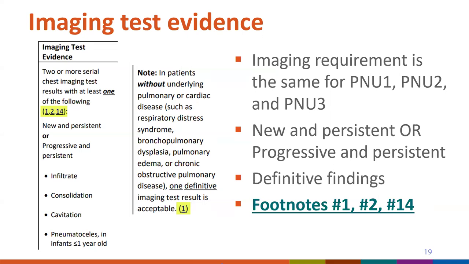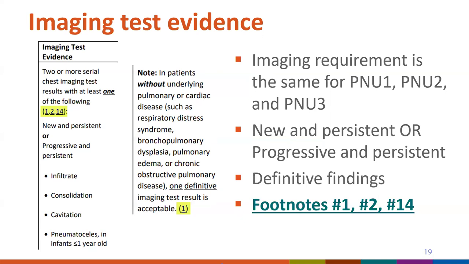Here's a screenshot of imaging test evidence from the algorithm. We'll look at this more in depth in the next few slides, but I want to highlight a few things first. The imaging test evidence requirements is the same for all 3 of the new algorithms. And unlike imaging for other NHSN events, the imaging findings for new must be new or progressive, and they must be persistent.